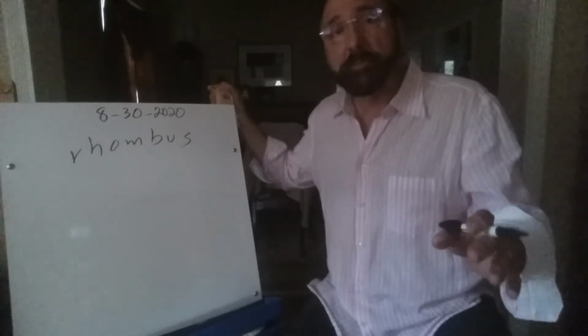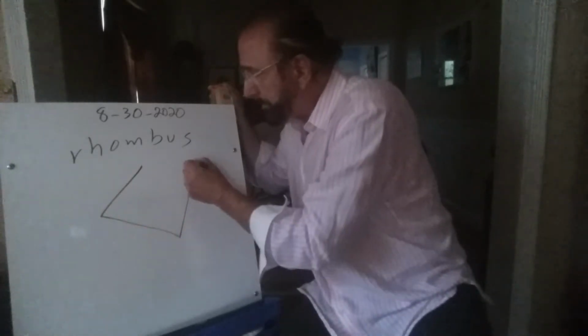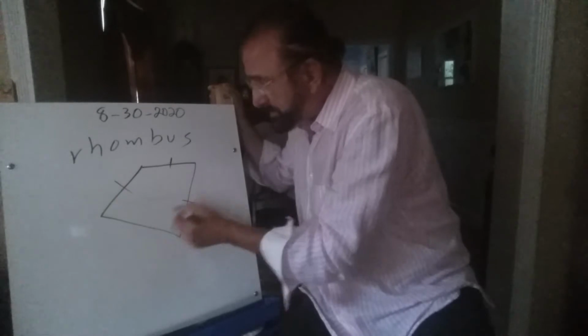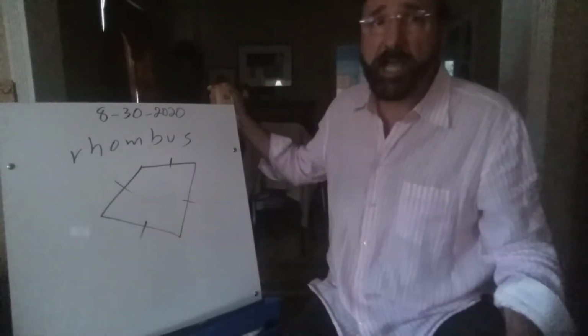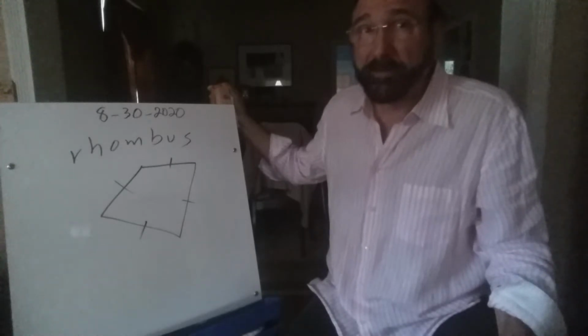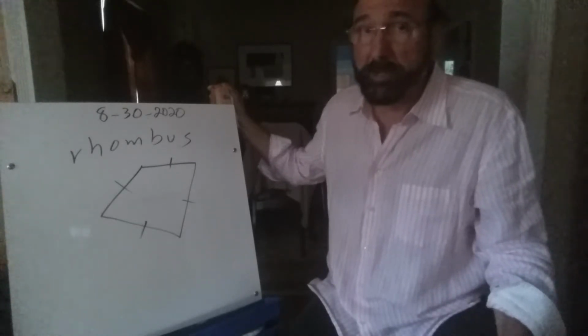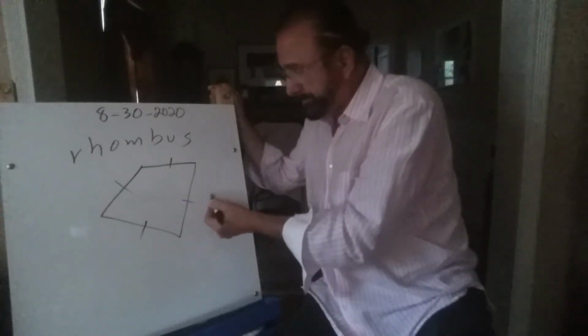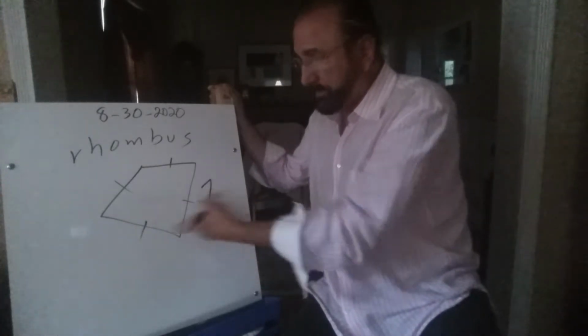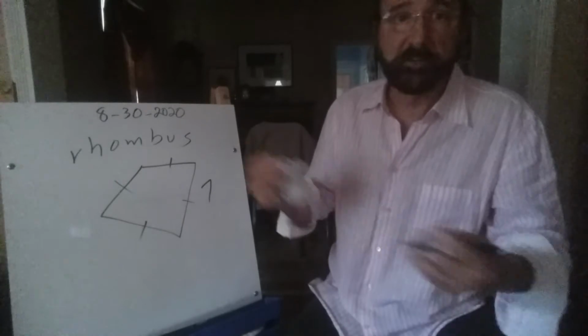Now the thing about a rhombus is, though, a rhombus is a 4-sided figure. Now, if all sides are the same size, well, you just add them all up for the perimeter, if that's what you're looking for, right? So if this is, I don't know, say it's 7, 7 times 4, 28, you're done.